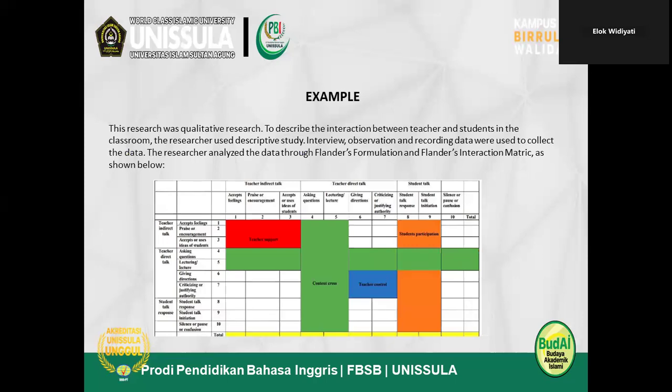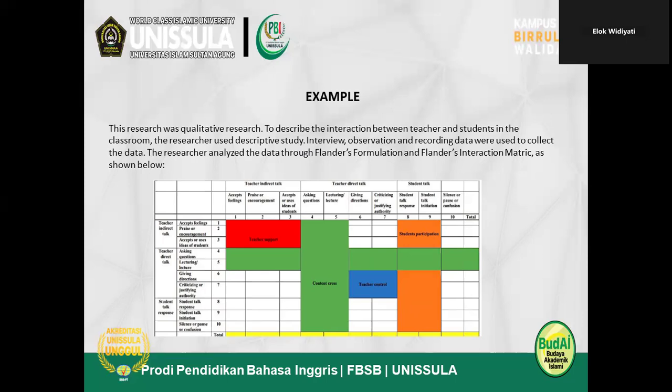The researcher analyzed the data through Flanders formulation and Flanders interaction matrix, as shown below. Talking about the matrix, it should be categorized into a table with its specific items.